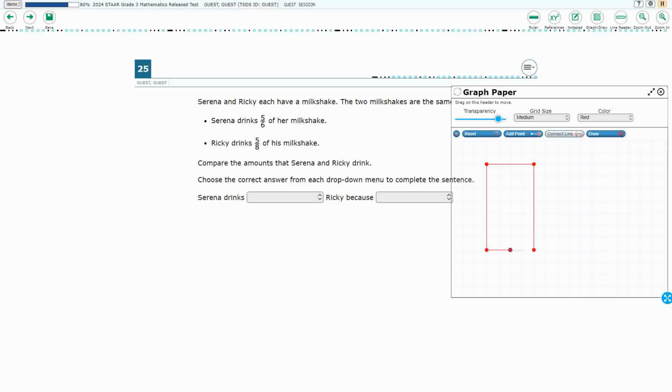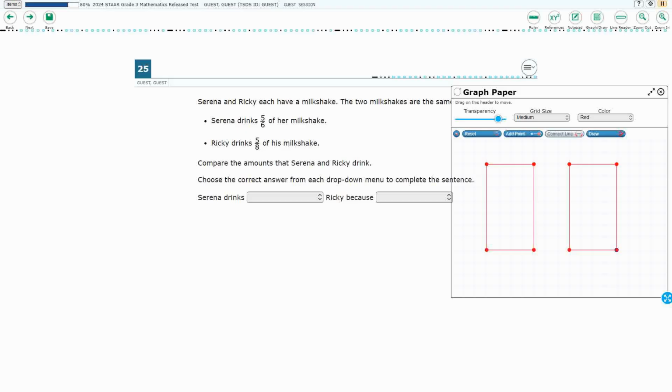If I want to compare the two milkshakes, I need to make sure that they're each going to be the exact same size. All right, so those are my two milkshakes. Serena is going to drink 5/6 of her milkshake, and then Ricky drinks 5/8 of his milkshake, and we need to compare the amounts that they drank.